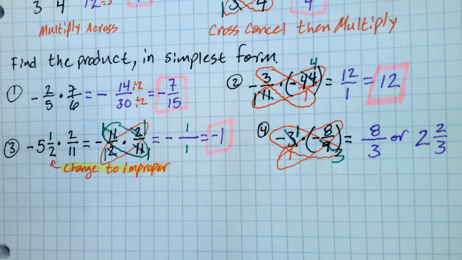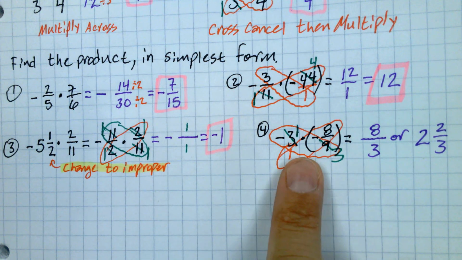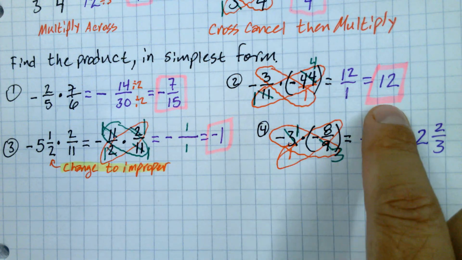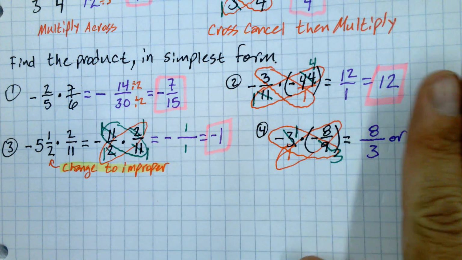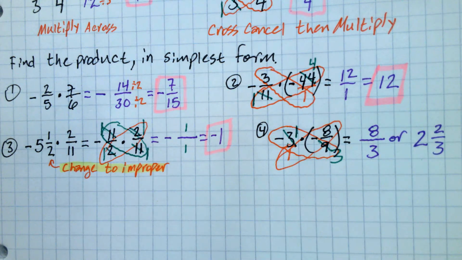All right. Any questions? Yes. The cross cancel? Oh, yeah, you could multiply across. Like I said, if you ended up with 24/9 and then reduced it to 8/3, that's fine as well. Okay? All right.